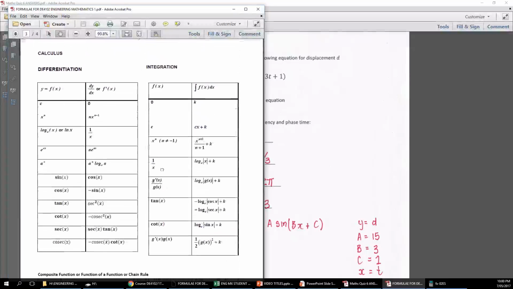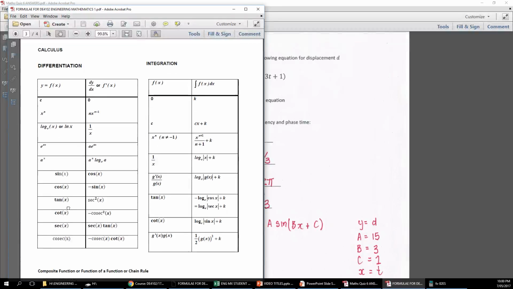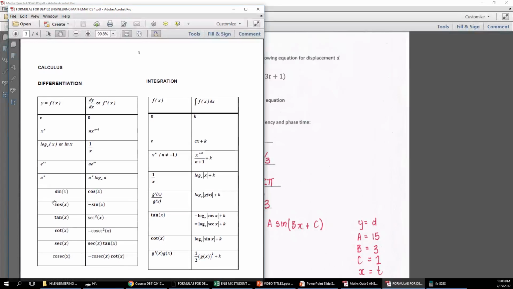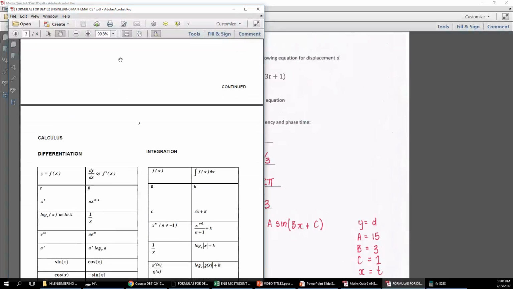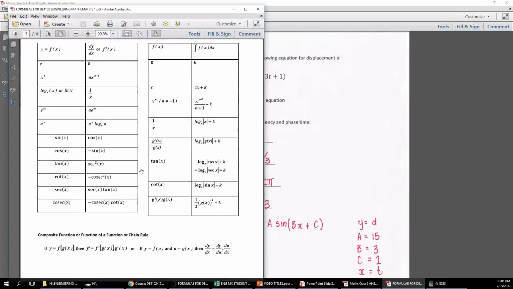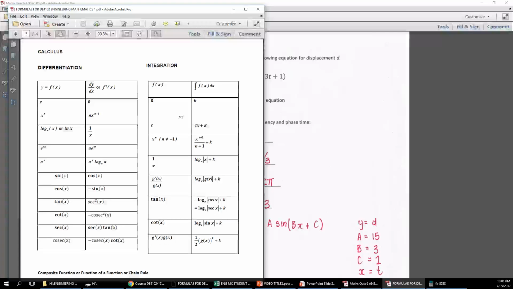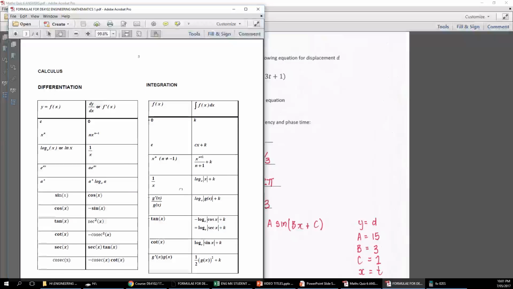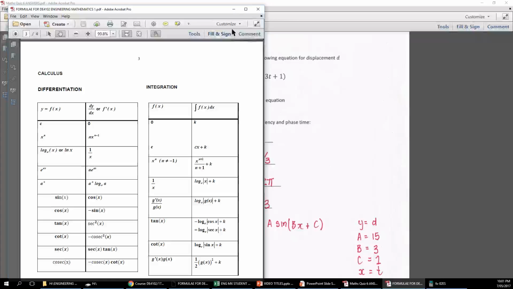We're going to be doing calculus, and we're going to be doing differentiation and integration. And so these are very important here. These will be most helpful in the coming week. So they're on the formula sheet. So as I say, have the formula sheet with you at all times, either in a digital format or in a written format. Make sure you've got it there for you. It comes in very handy.